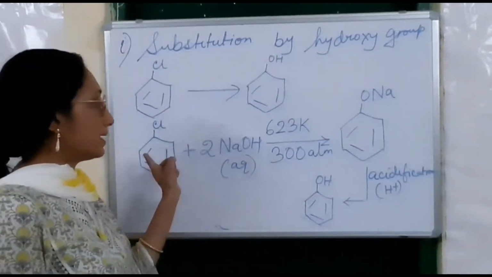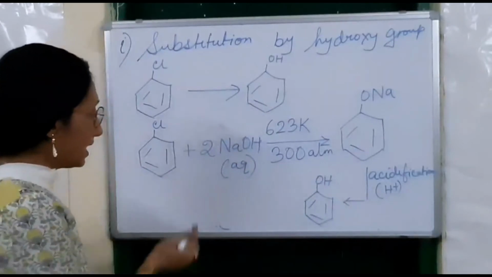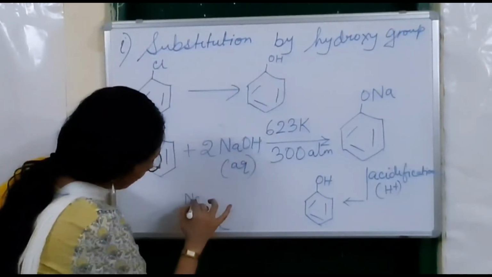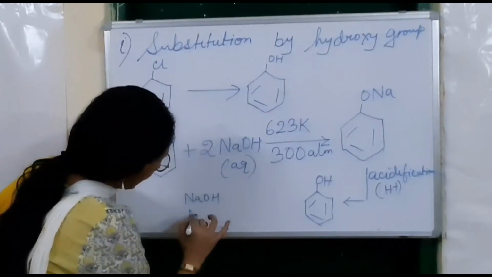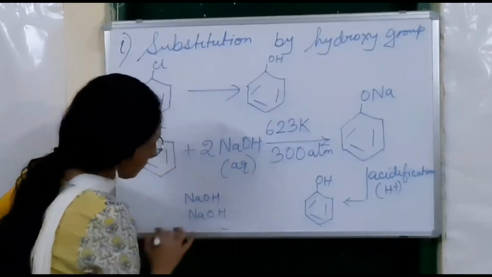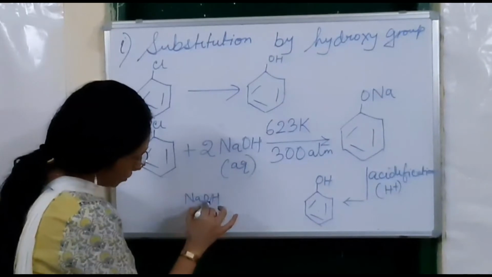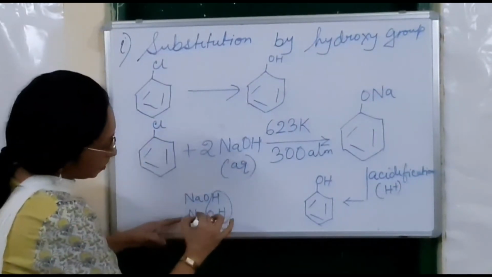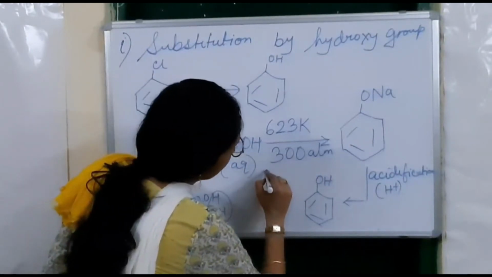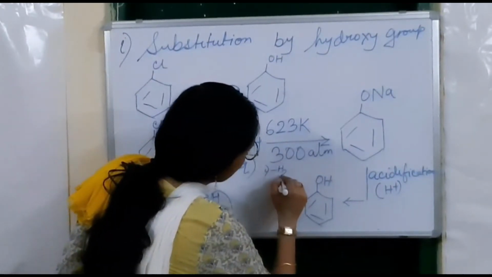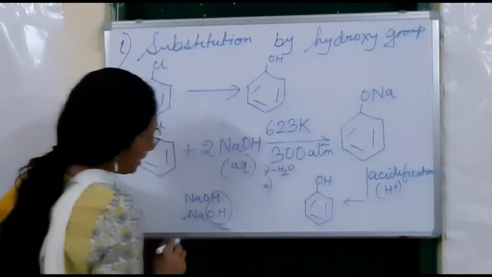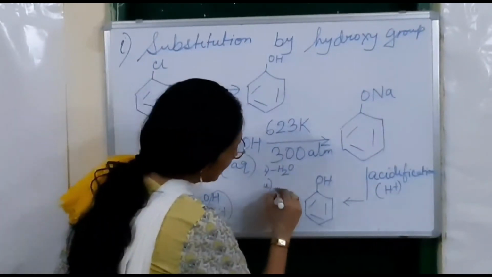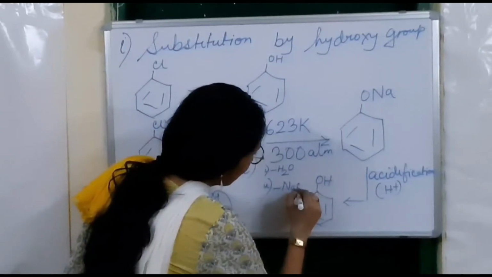So, chlorobenzene to sodium phenoxide. Here you see I have written 2 NaOH. The H2O is lost, so I am writing here minus H2O. Now see this Na and this Cl, so minus NaCl.